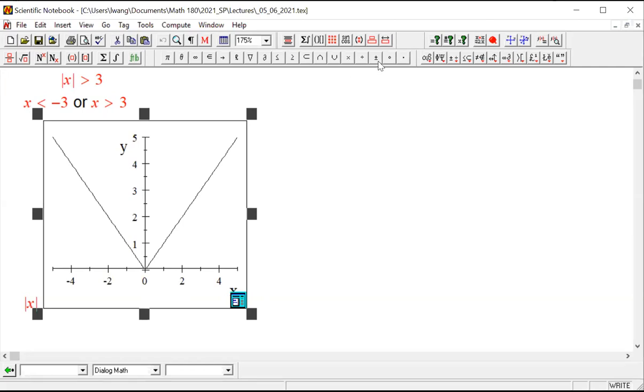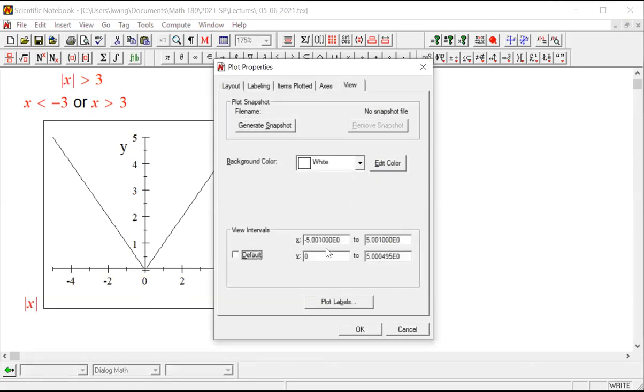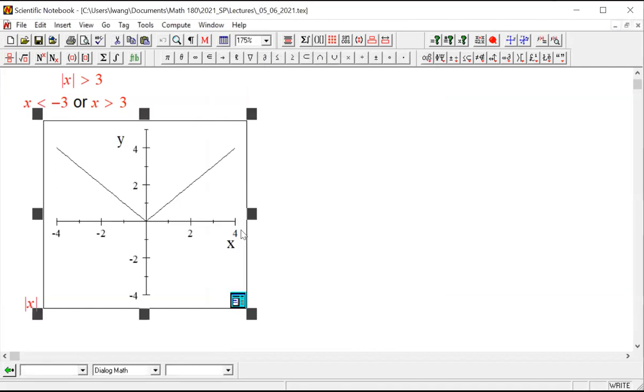Let me adjust the picture a little bit. Make it from -4, and this is say 5. And over here, make it -4, +4, right? I'm just making some adjustment to our pictures.